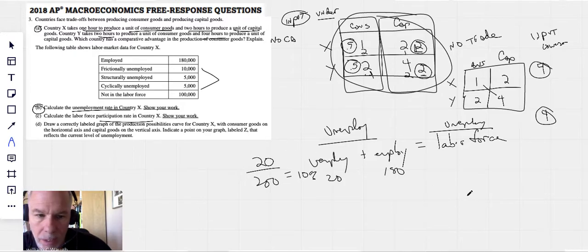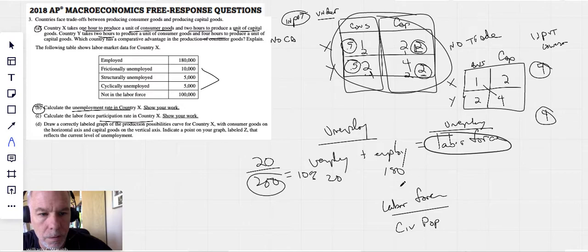Participation rate, that is what we call our labor force over civilian population. So we already know our labor force, right, was 200. And it looks like our civilian population, including those not in the labor force, employed and unemployed, is 300.